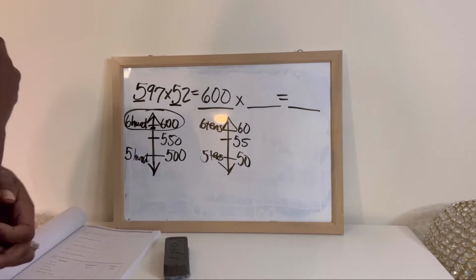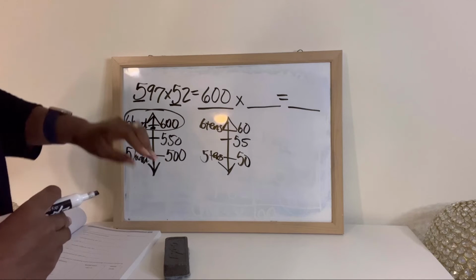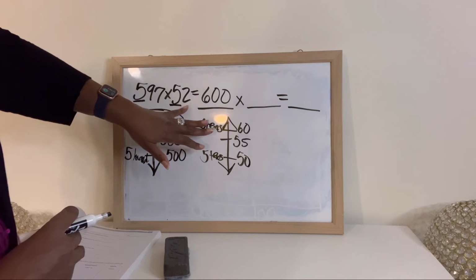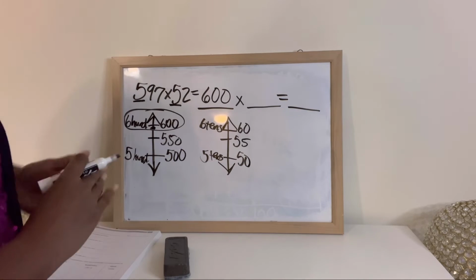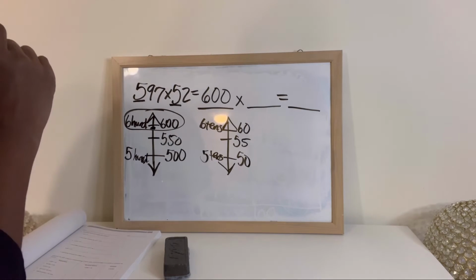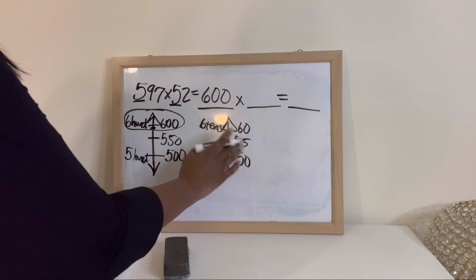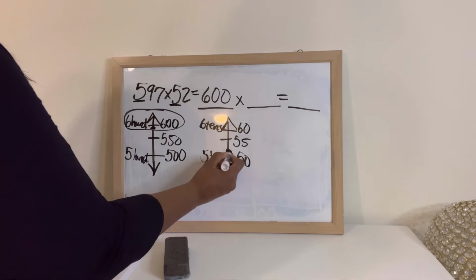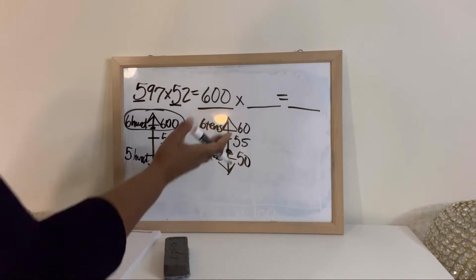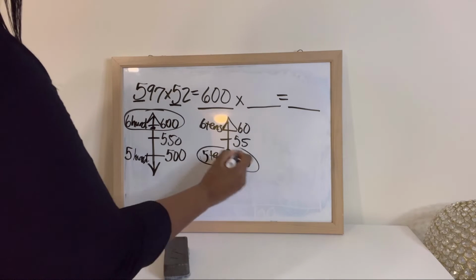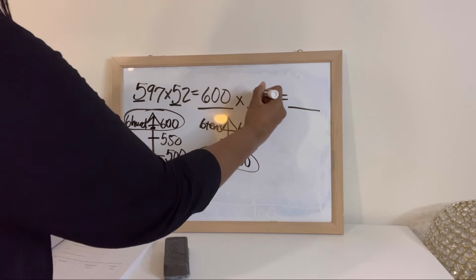Now remember, we're going to look back at our number. We have to look at this 2. This 2 is going to tell us, are we going to round down or round up? Where would that 52 go? That 52 would be somewhere between 50 and 55, probably right here. Because it's below the half point, we're going to round down to 50. So our next number, we're going to round to 50.